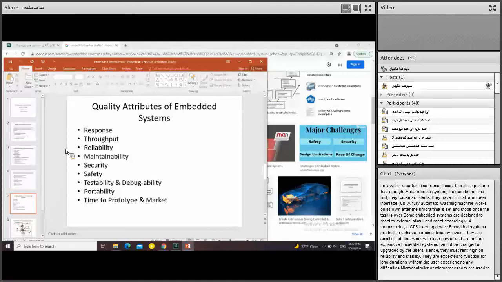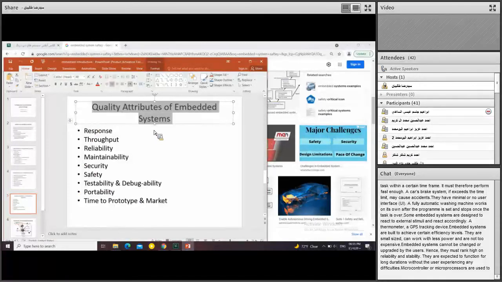And what about the quality attributes? We have these quality attributes, for example, response, throughput, reliability, maintainability, security, safety, testability, and so on. We must know which of them is better in system 1 or system 2. Okay. Then we have some quality attributes of embedded systems.